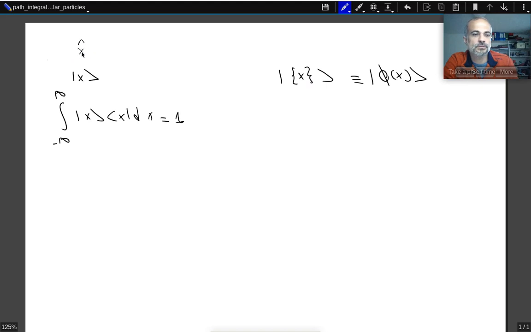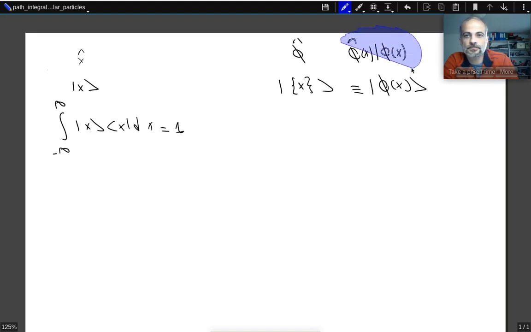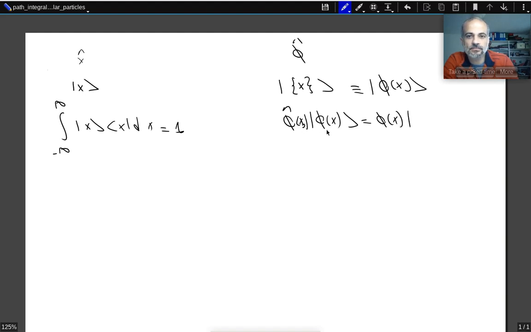And of course we also converted this position operator to a field operator, such that when phi x of t is acting on this ket, it gives us the number phi of x. Well, let's say x0, phi of x.